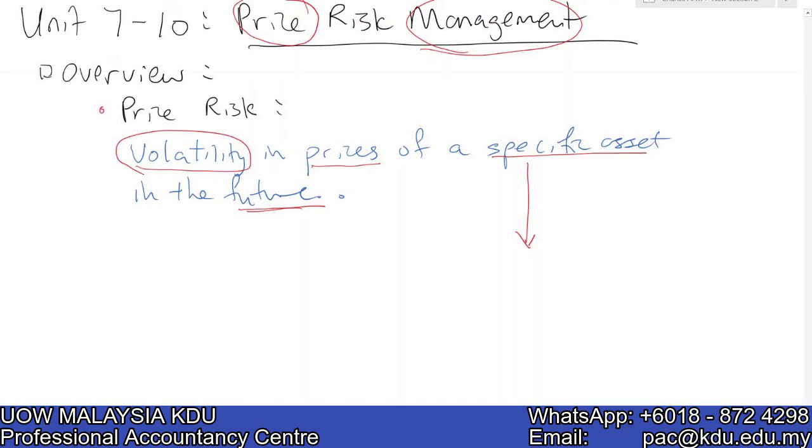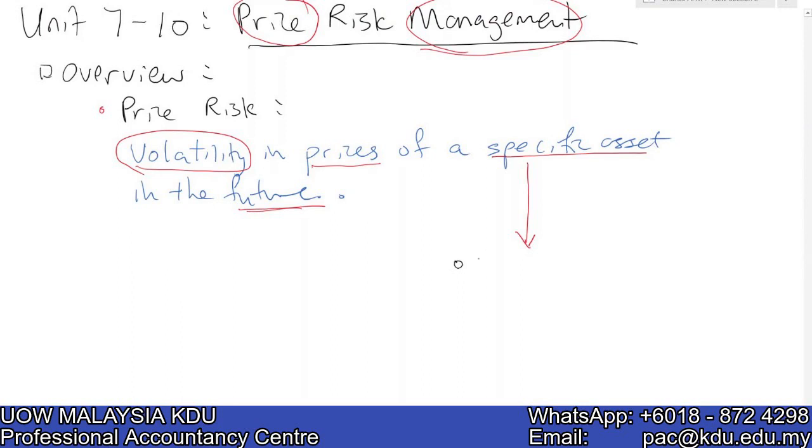Nobody knows. So price risk arises in almost every single item traded in the market. But for exam purposes, especially for this exam paper, we scale down the range of items we are looking at to only 3 types of items. And therefore, we have only 3 types of specific assets. What are they?